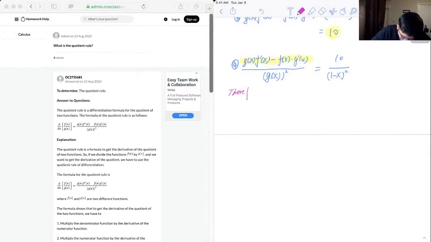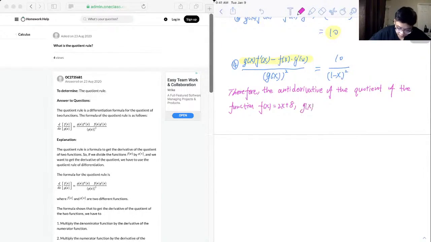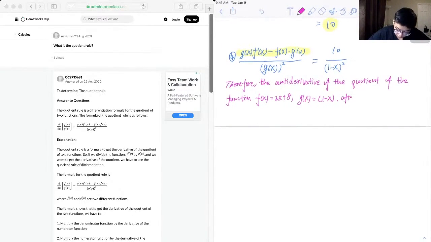Therefore, the derivative of the quotient of the functions f(x) equal to 2x plus 8, g(x) equal to 1 minus x, after applying the quotient rule, is 10 over 1 minus x squared.